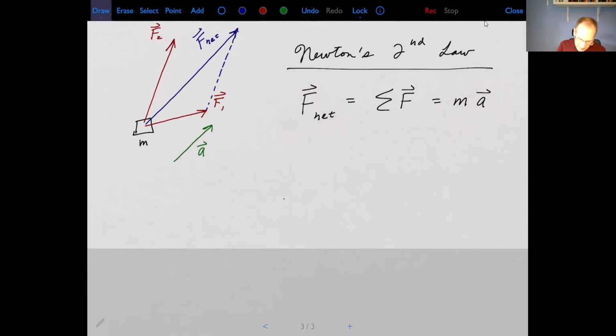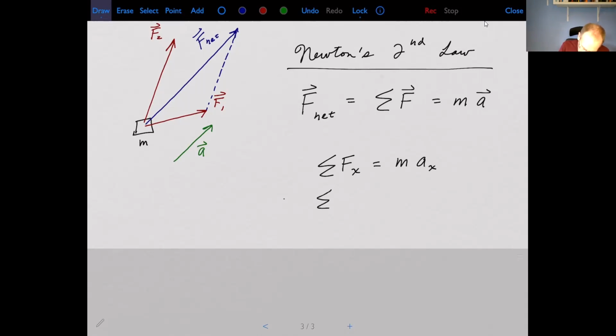Another thing that's interesting is since this is a vector equation, it's kind of an efficient way of writing 3 equations in one, right? So really you could split this up into its components, and it's true that Newton's second law applies for each component. So I could write this as the sum of the forces in the x direction equals m times acceleration just in the x direction.